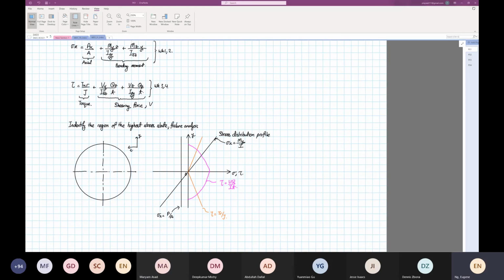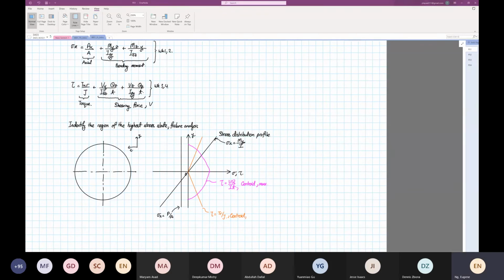The problem is this: for this case, the maximum is located at the centroid. For the other two cases, at the centroid, it is equal to 0.